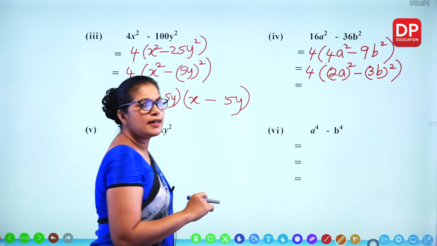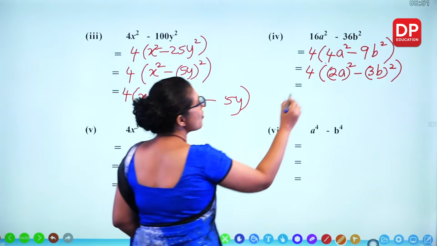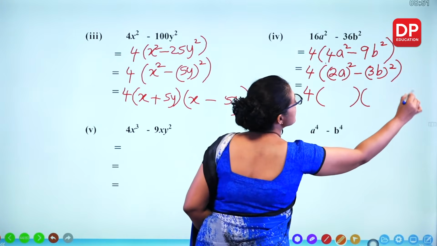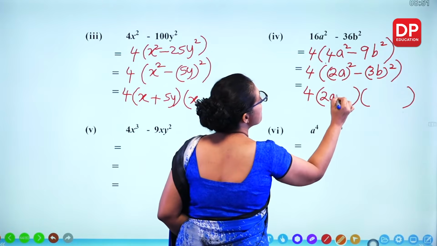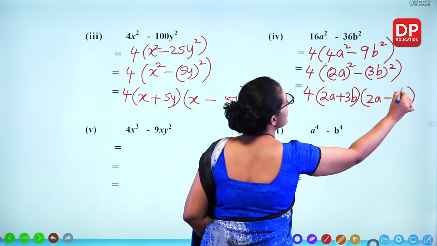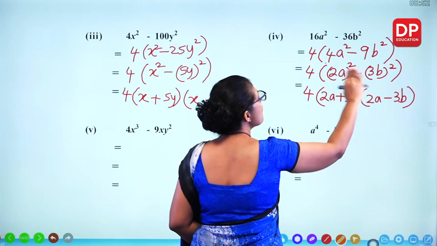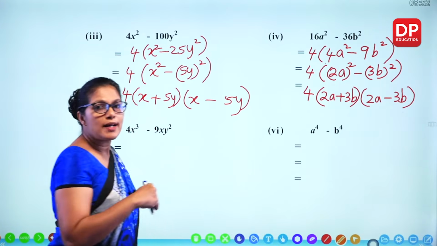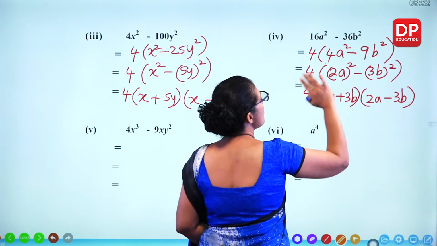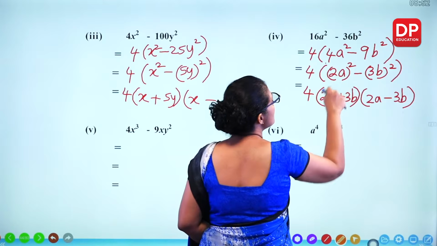Then take the difference between two square terms. 4 is already there. The two factors are 2a plus 3b and 2a minus 3b. So you have to do this step to identify the factors. So you have to write down square terms and then we take these two terms.